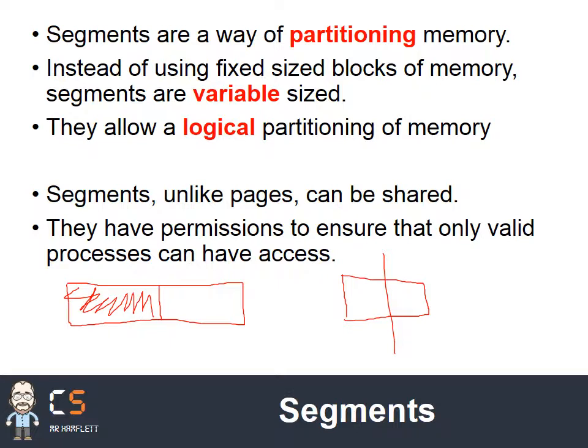So we don't have to partition it up, and we can just slap it straight in. Now, if for some reason there is not enough free continuous space to store it, then maybe I will have to split it up.